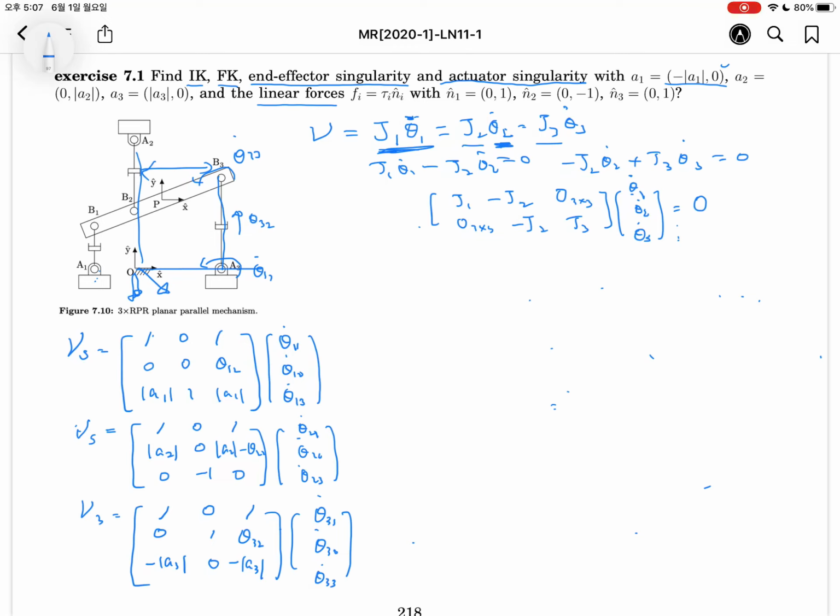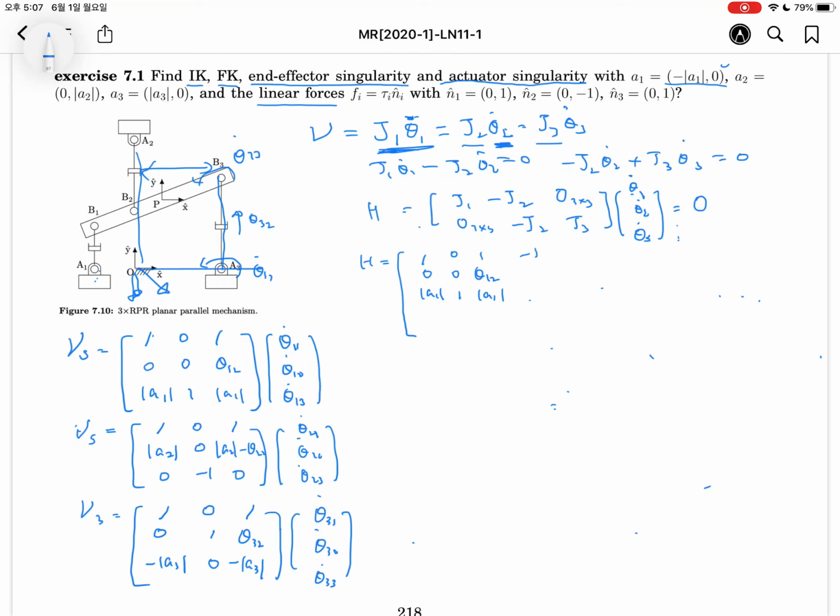Okay. Like this, we can find out the 3 Jacobians, J1, J2, and J3. Okay, let's make this H matrix. The H matrix will be 1, 0, A1, 0, 0, 1, theta 12, A1 magnitude.